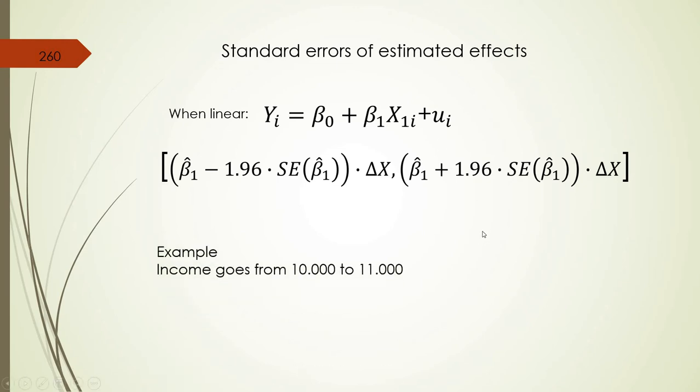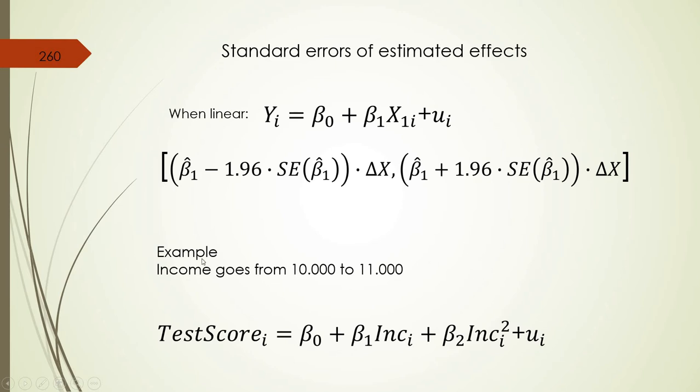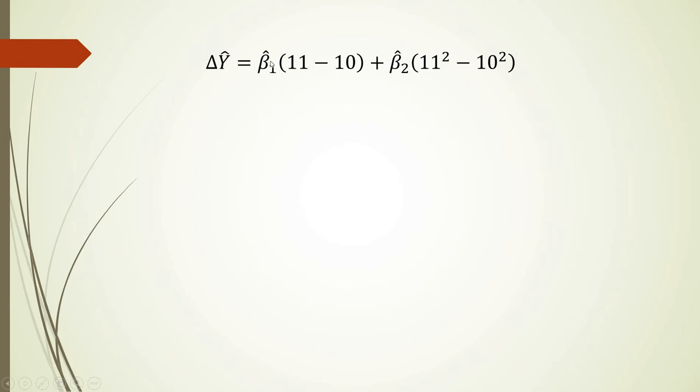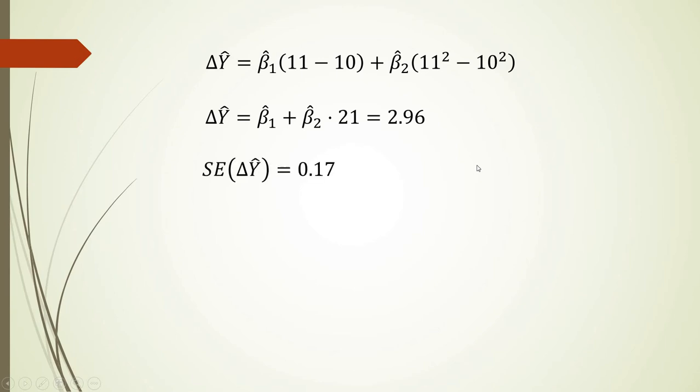So when income goes from 10 to 11,000, we will again input that in our equation in the following way: beta 1 times the difference in the values plus beta 2 times the difference in squared values. And the change in y will be 2.96 when household income goes from 10,000 to 11,000. On the basis of that, we know the standard error is 0.17.